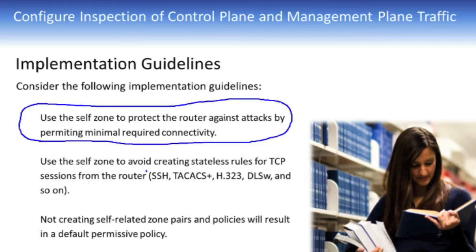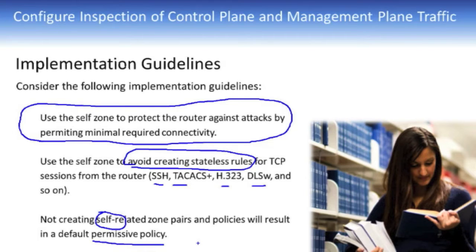Remember, we don't want stateless communication with the device using protocols that we might need for the router to achieve. We want to convert them to stateful. We want to statefully inspect these sessions. And remember, if you don't do anything with the self zone, you have that entirely permissive policy.